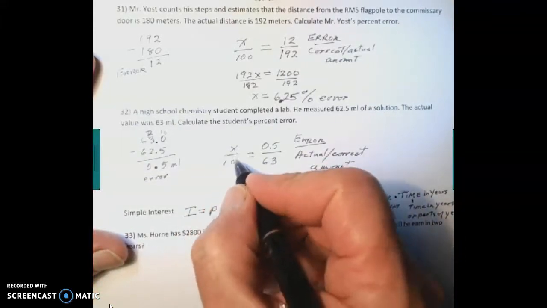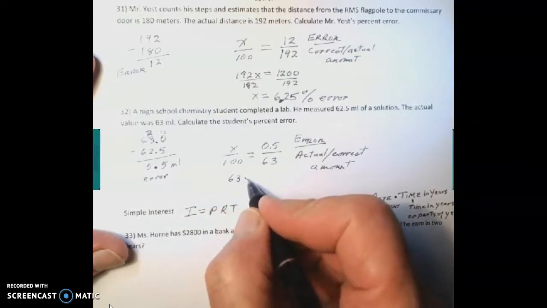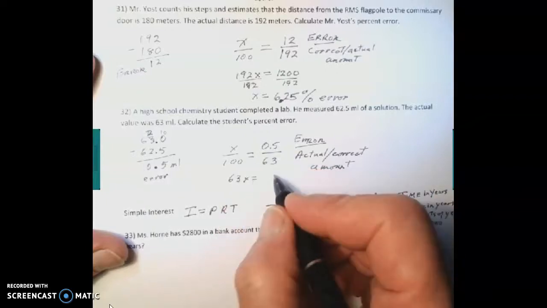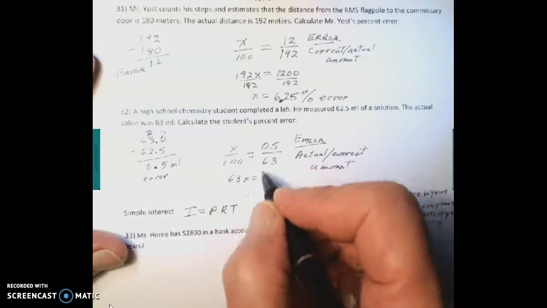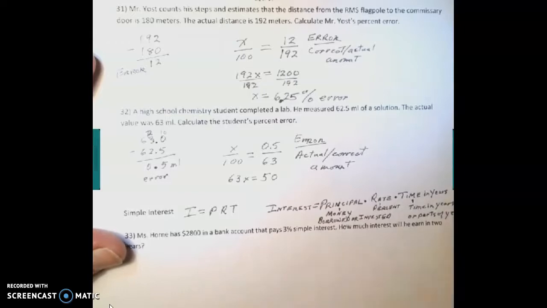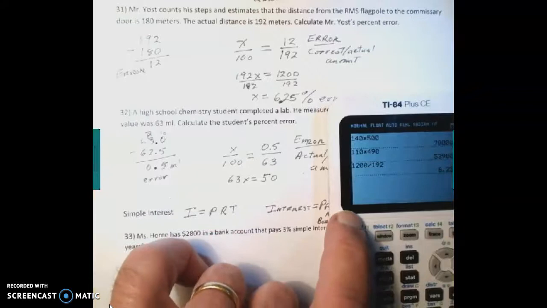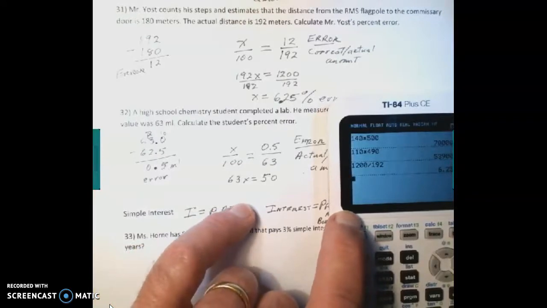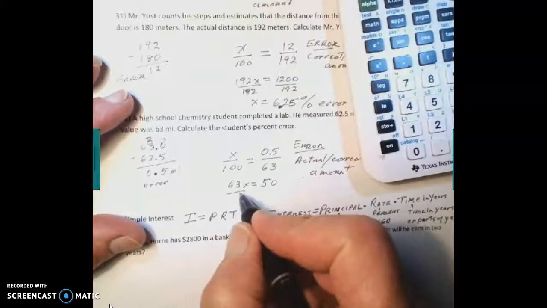X over 100, we're looking for a percent. Cross multiply, you get 63x equals 5 tenths times 100. 5 tenths times 10 is going to become a 5, and then times 10 again, it's going to be 50. If you don't trust me, please run it through the calculator. You know what? I'll do it too. It is 0.5 times 100 equals 50. There it is. And so divide by 63.